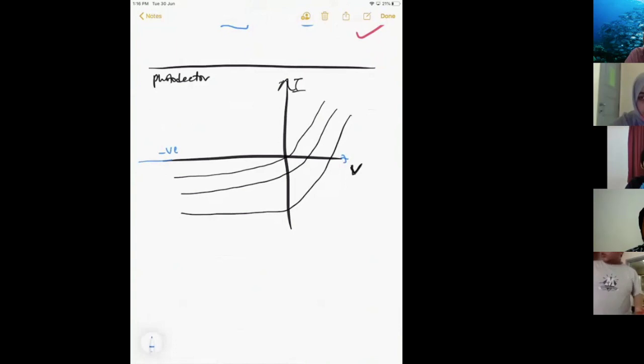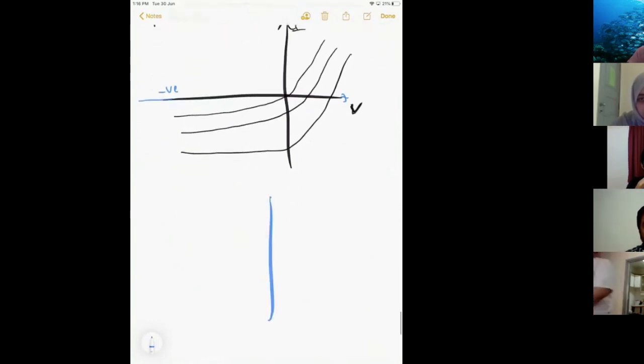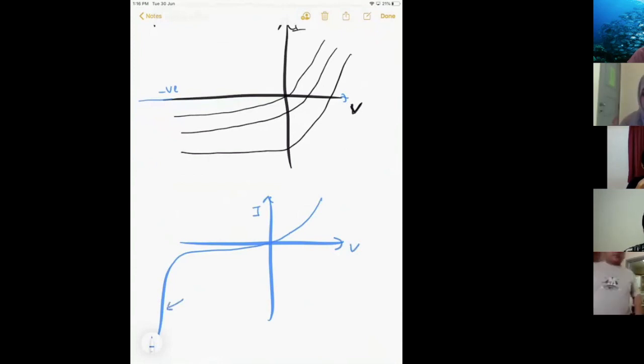If it's an avalanche, it's happening at very high voltage. Breakdown will occur like this. This is I, this is V. A sudden increase in current is breakdown.